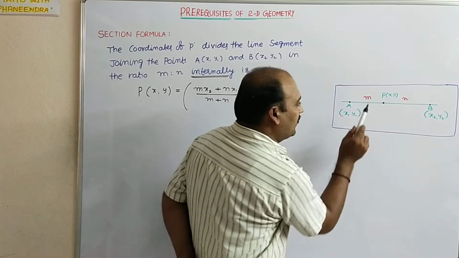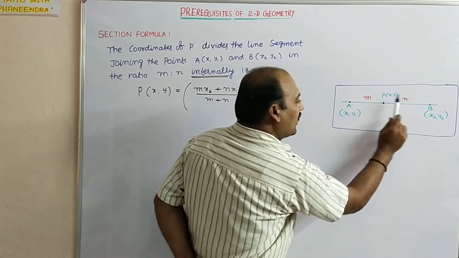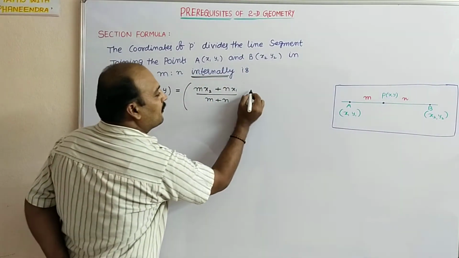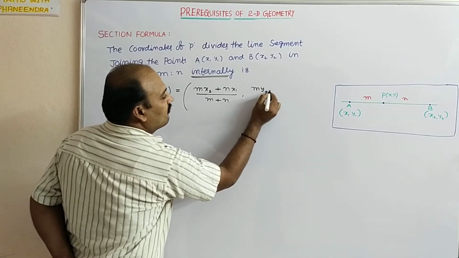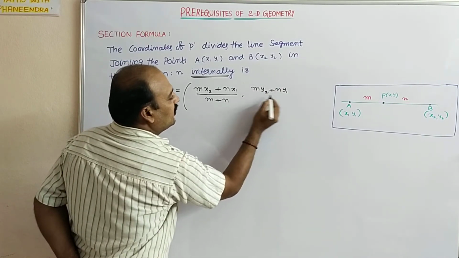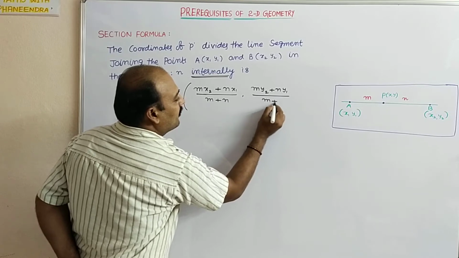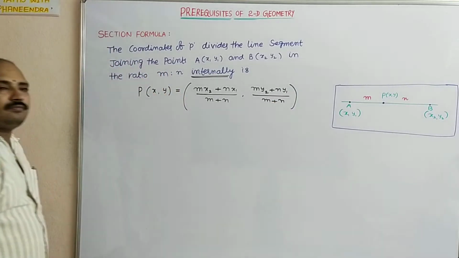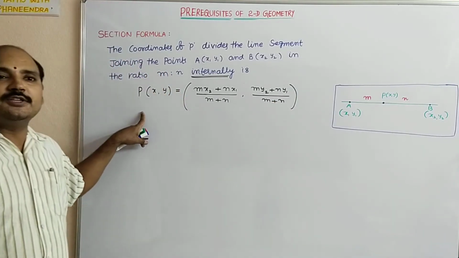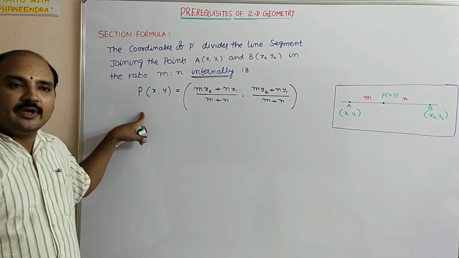Similarly for the y coordinate, my2 plus ny1 divided by m plus n. This is the internal division point.